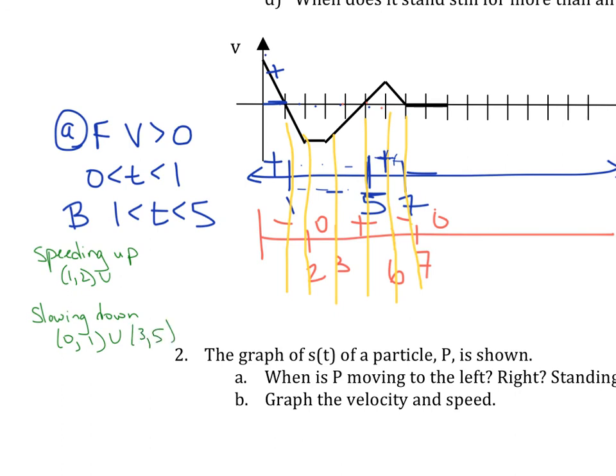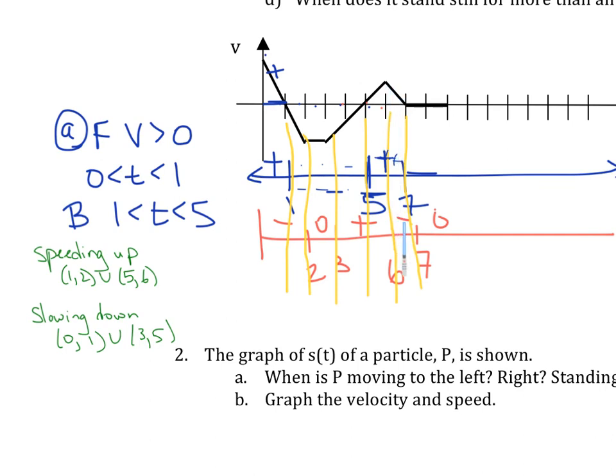All right, let's see what next region I have. From 5 to 6, I've got a positive velocity, above the axis, and a positive slope. So that means it's speeding up from 5 to 6. Next, from 6 to 7, I am above the axis, positive, but I have a negative slope.